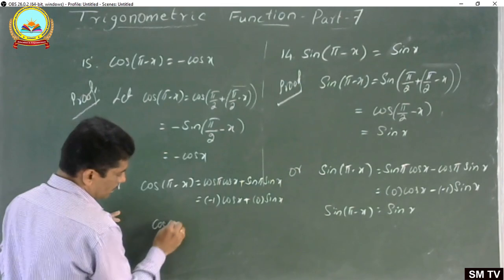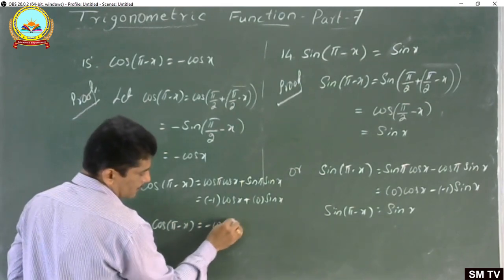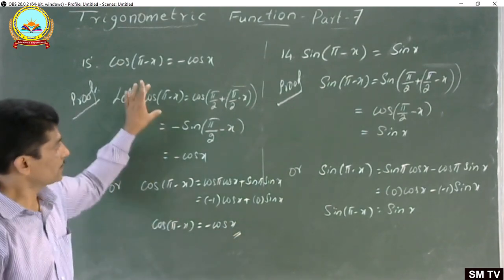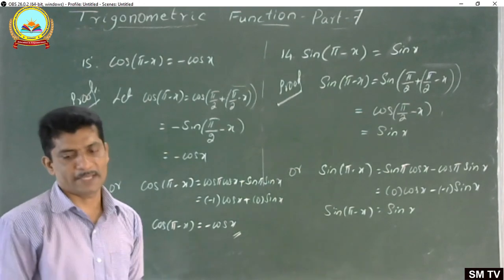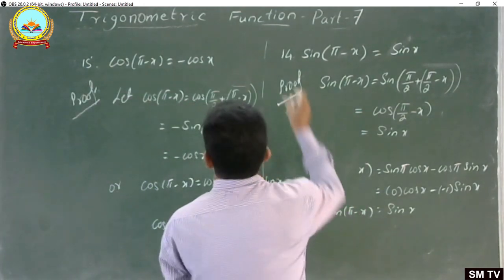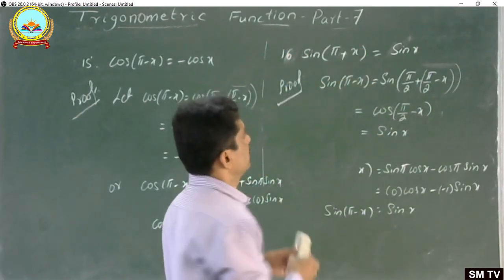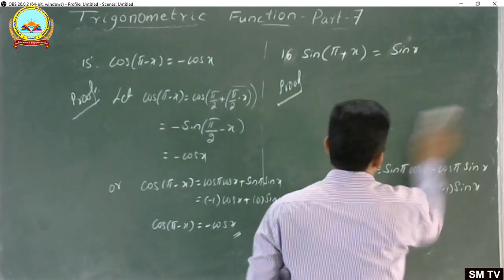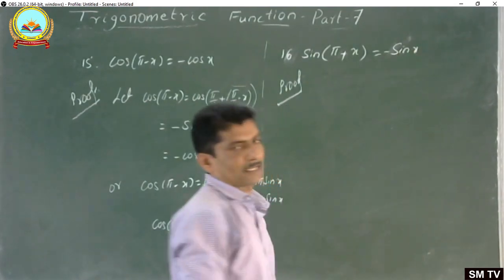Therefore, cos of pi minus x is equal to minus 1 into cos x, which means minus cos x. Either using allied angles or using the compound angles, we prove the results. In a similar way, you can prove the 16th result, sine of pi plus x. The value of sine of pi plus x, using either method, is equal to minus sine x.